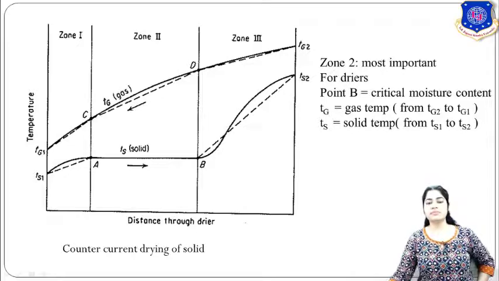It means most of the heat has been transferred to the wet solid, but the temperature remains constant. Now talking about zone 3. Here a drastic change in the temperature of the wet solid can be seen. Ts2 shows the heating of the wet solid, right? This way you can see how the temperature variation occurs for gas and wet solid.